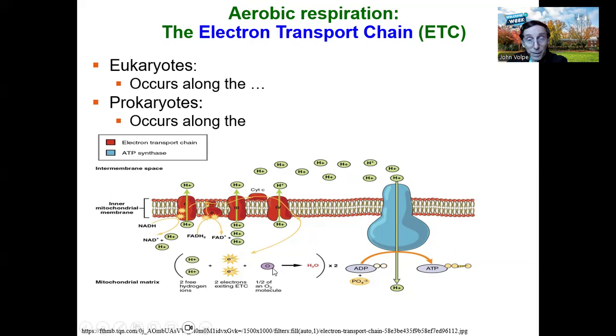And that's why we have to breathe. We have to breathe so that we gain oxygen to make water in the electron transport chain of aerobic respiration. Without oxygen, we cannot generate ATP, and obviously we would die.